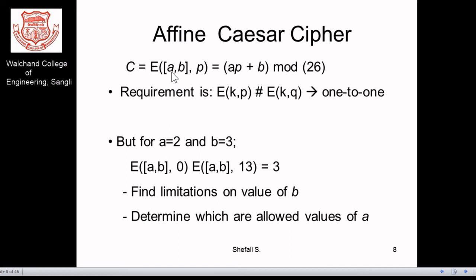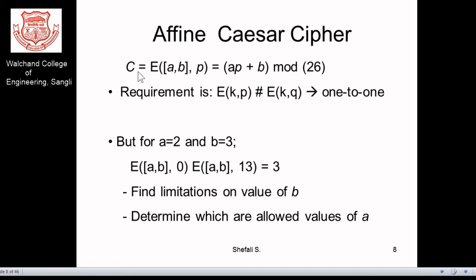Right now we will consider these two as integers. Suppose a and b are two integers. I will expand this equation, which gives me a multiplied by p plus b, mod 26. So I can have the encryption in that fashion.